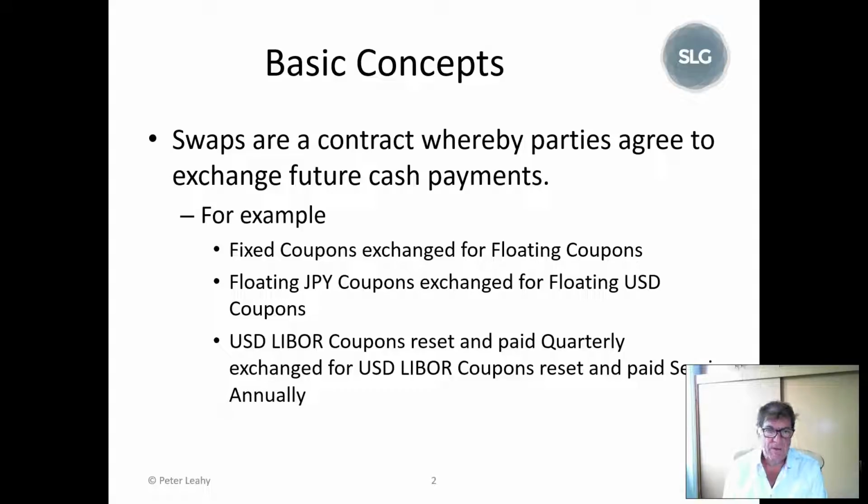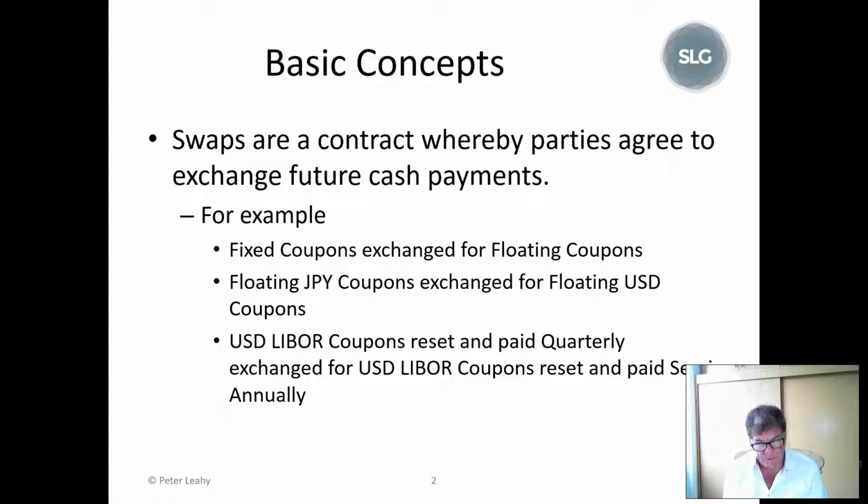Some of them mentioned on this page would perhaps be referred to more as a basis swap. So the cross-currency one mentioned here, floating Japanese yen exchanged for floating US dollars, where both sides are floating or varying payments, is normally referred to as a basis swap.